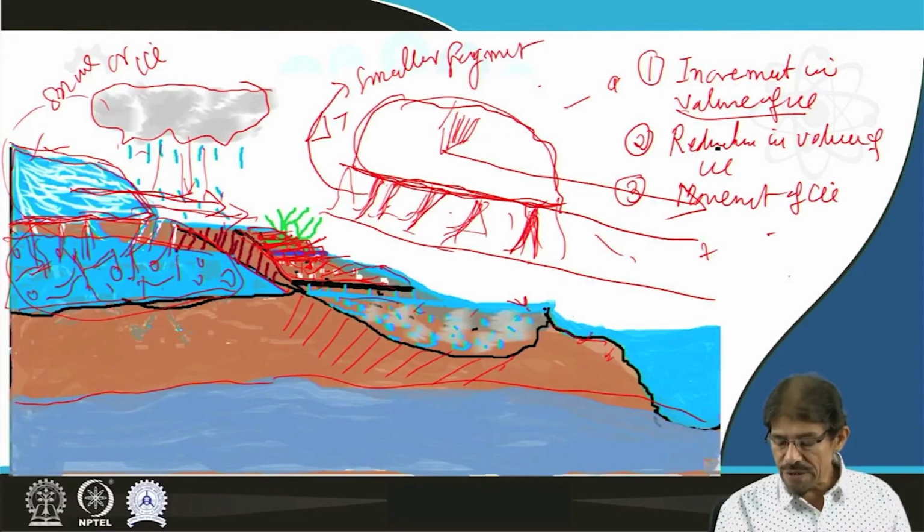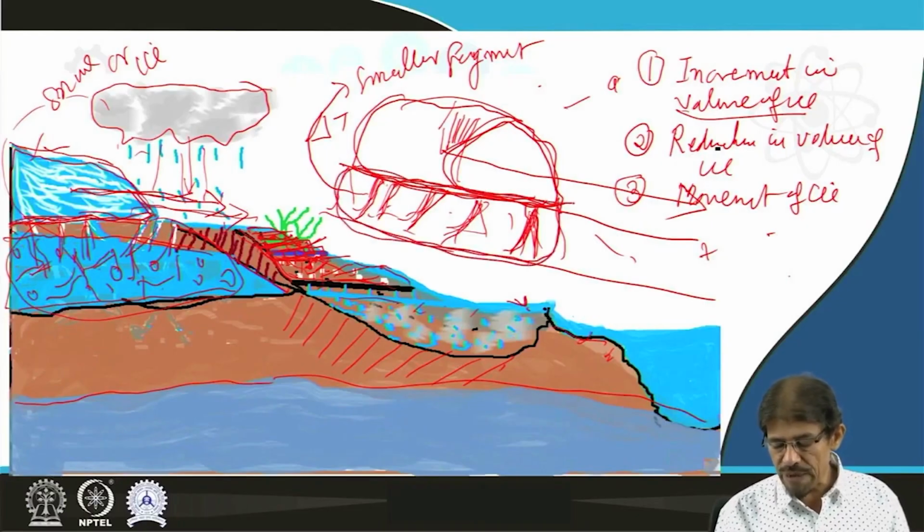When there is reduction in volume during the retreat of glacier, then what happens? This compressed zone comes under decompression, and due to release of the stresses there is also formation of some discontinuities.